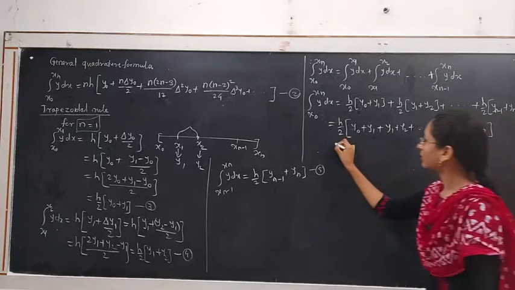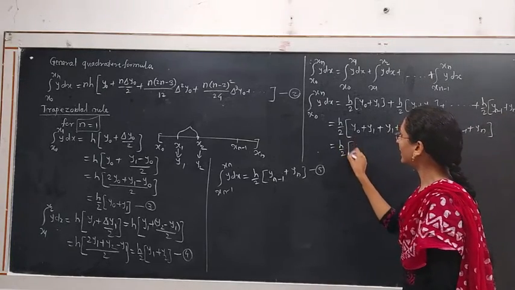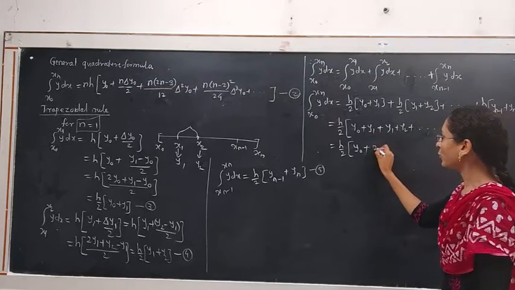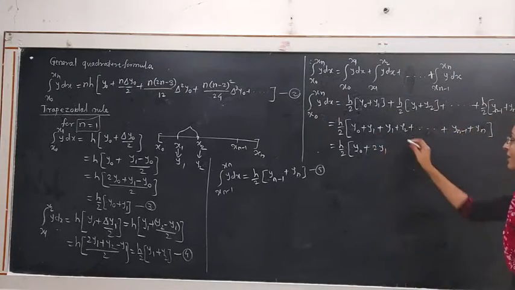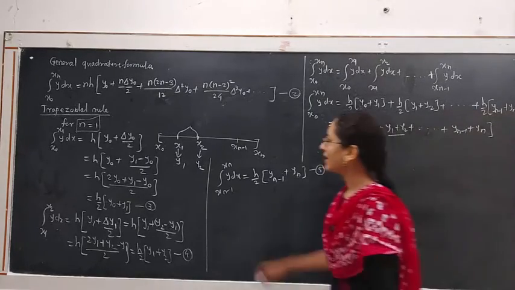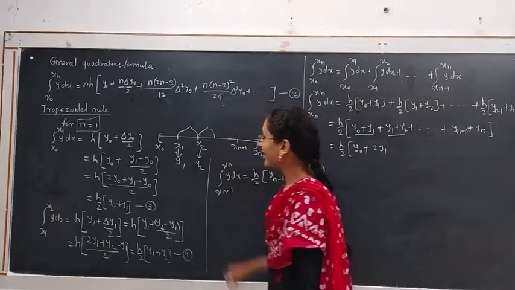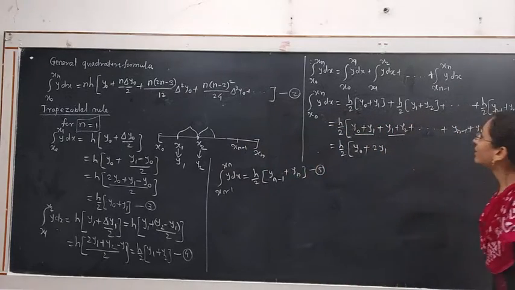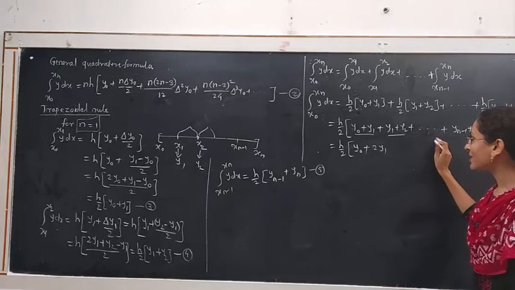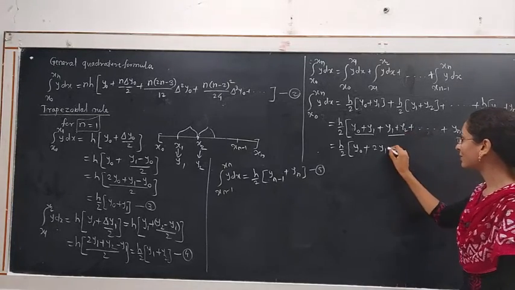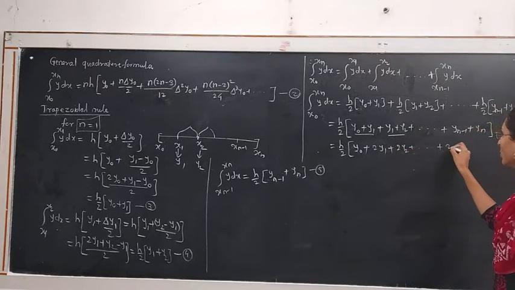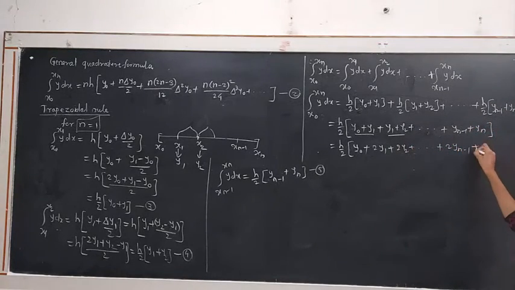This is equal to h upon 2 into y0 plus this y1 plus y1 will be 2y1. The next integration over the subinterval x2 to x3 contains the term y2 plus y3. So y2 also counts twice, plus 2y2, plus 2yn minus 1 plus yn.